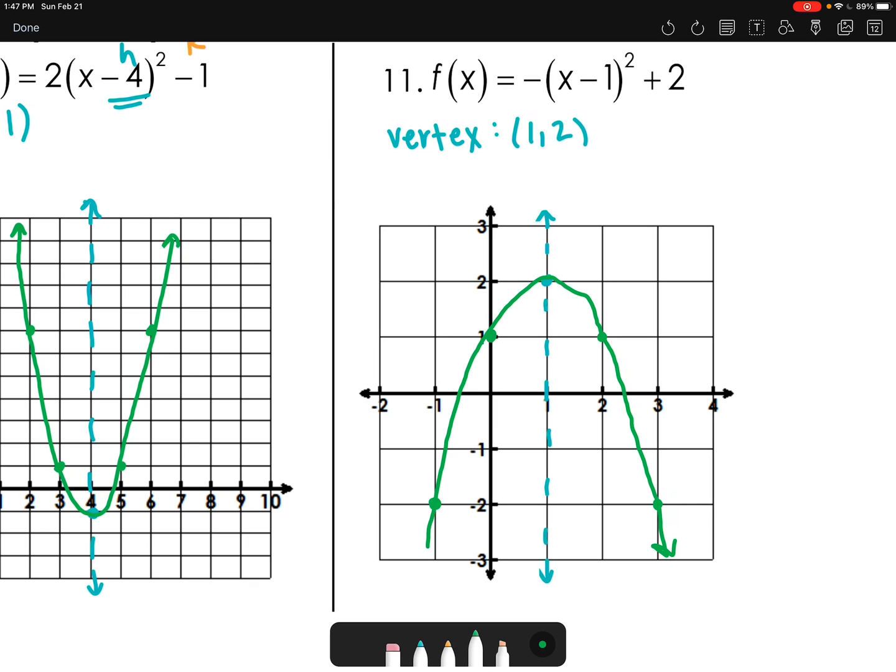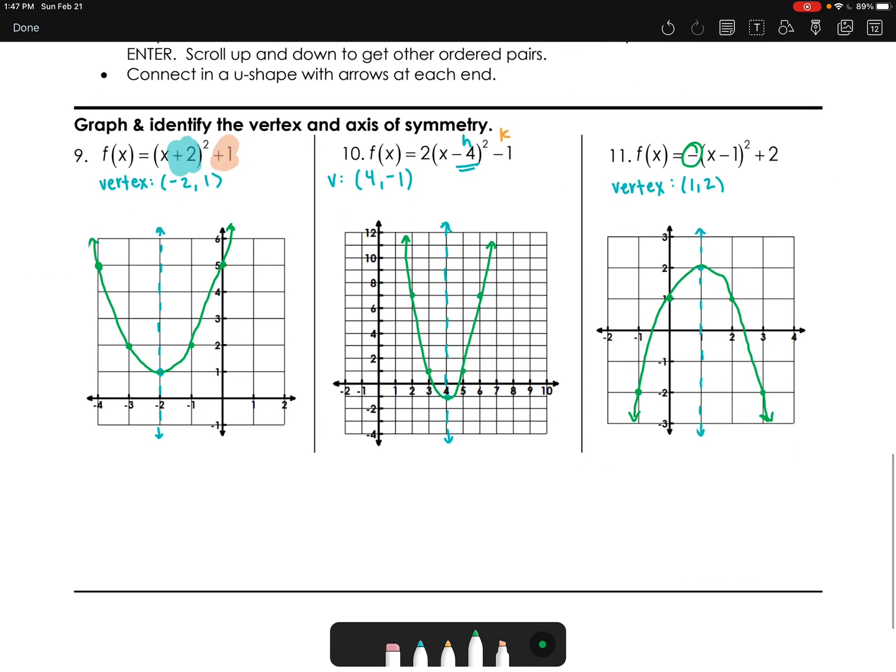And then connect these points. Maybe yours looks better than mine. But that is what your quadratic should look like. And that makes sense because there's this negative out front. So it makes sense that our quadratic is upside down.